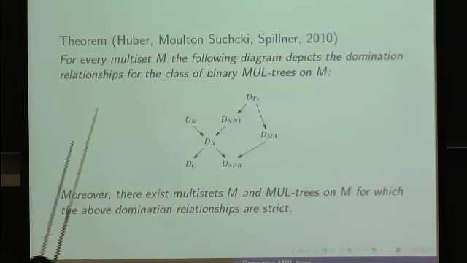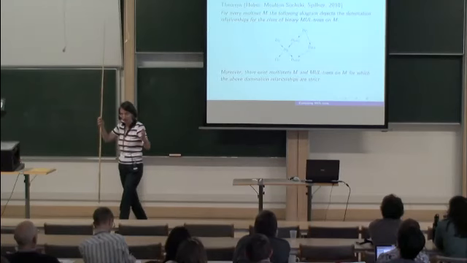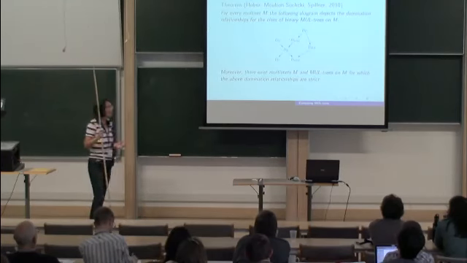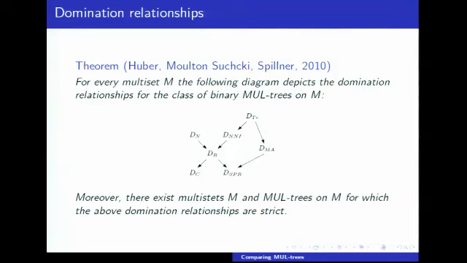So now this is one of the main results I wanted to talk about very briefly. I already mentioned all these distances, and I already pointed out that some of these numbers are the same. And it turns out that there's actually a very nice domination relationship, which is summarized in this slide here.